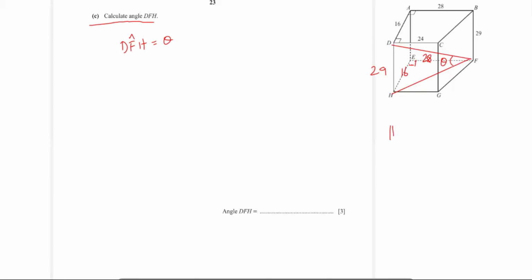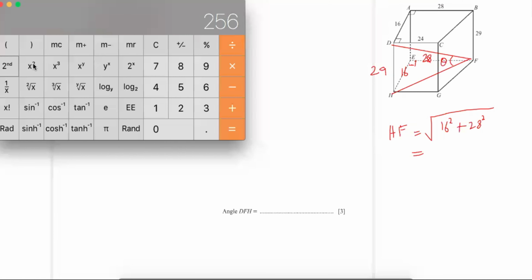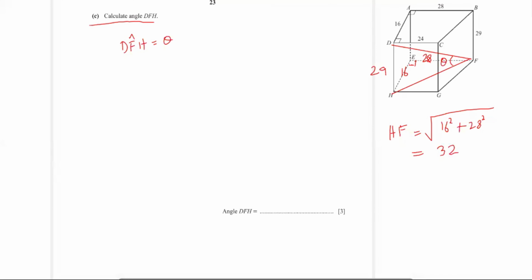Therefore, HF length will be equal to the square root of 16 squared plus 28 squared. This value is equal to 1040, and we take the square root, and this value is equal to 32.25, so HF is 32.25.